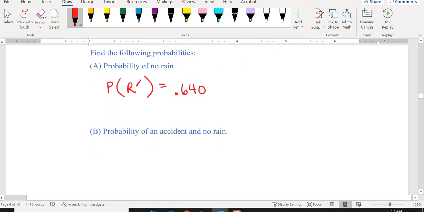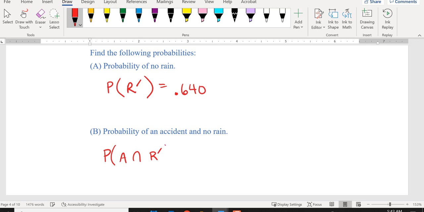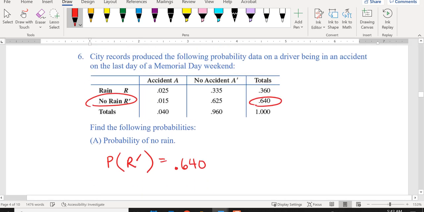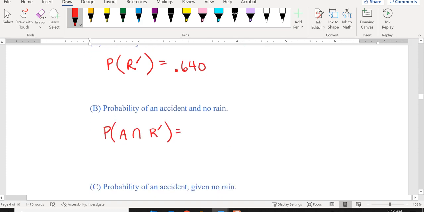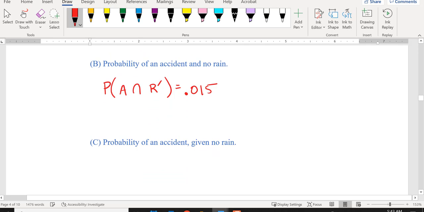Find the probability of an accident and no rain. So the probability of an accident and no rain. Okay, where is that? Probability of an accident and no rain is 0.015. Now find the probability of an accident given no rain.